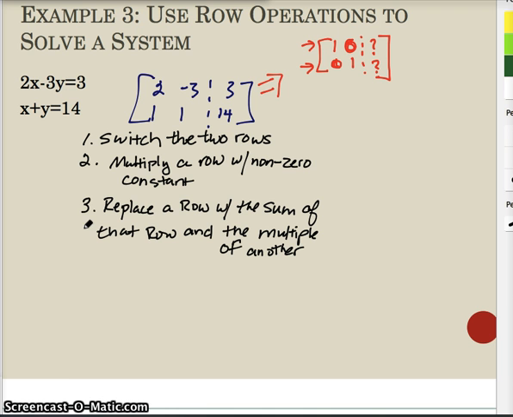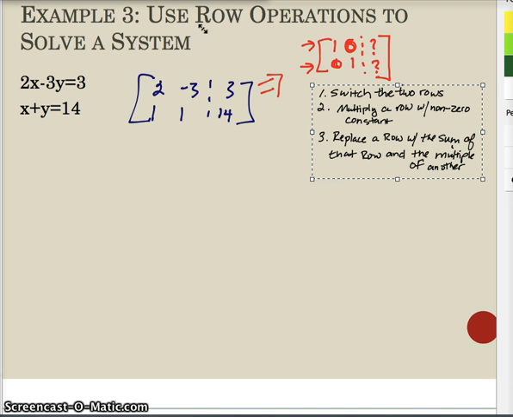And the third thing, this one's always the interesting one, you can replace a row with the sum of that row and a multiple of another. Like we did last time, I'm going to keep my rules here on the screen, keep my goal ever present in my mind, and start working to manipulate this augmented matrix to get our solution.